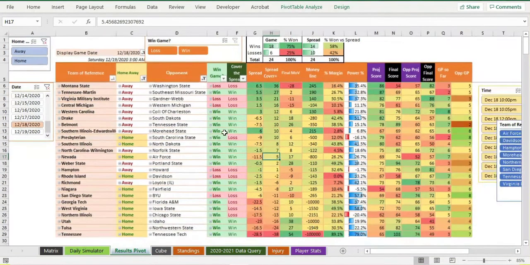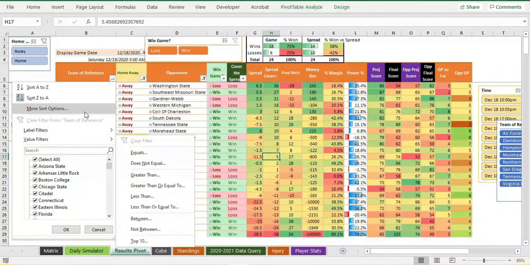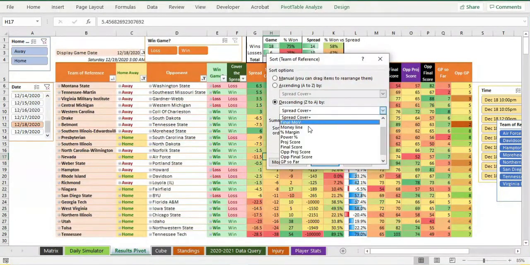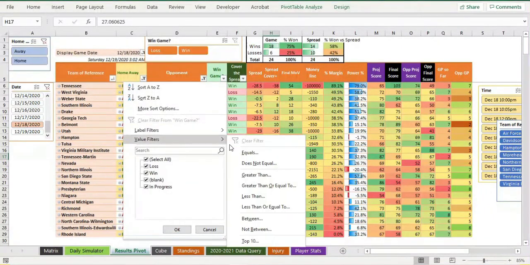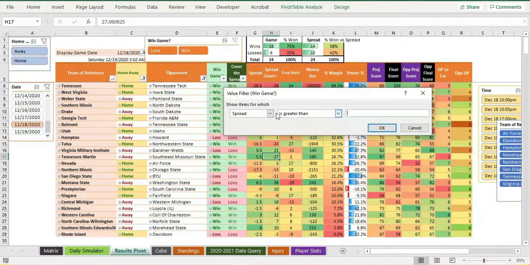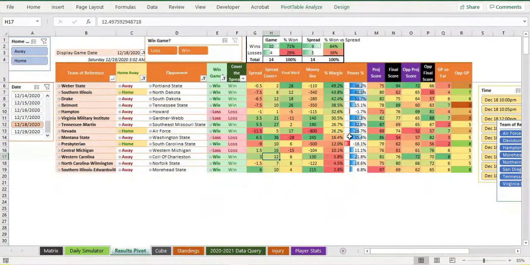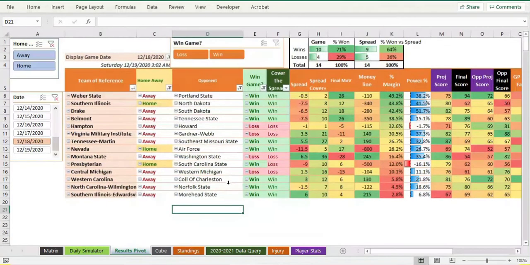What I really want to do is shrink it down and say, not only do we want to look at this descending by margin, but we also want to filter by spread cover greater than 0. This is going to limit our picks more every day.